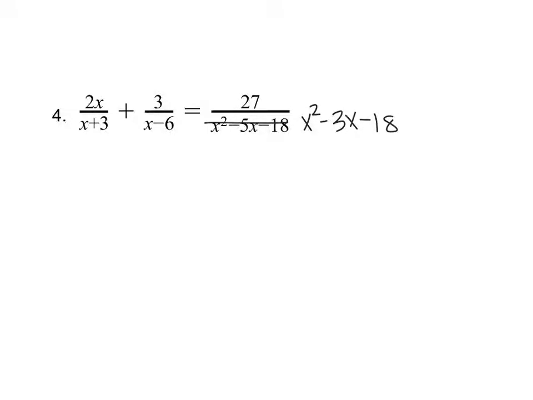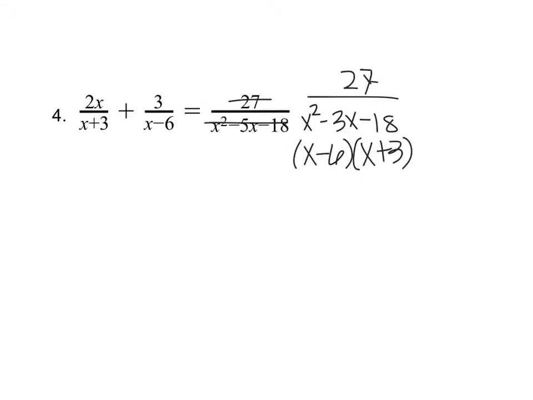So before we identify our LCD, we want to factor our denominator. So we're looking for what multiplies to negative 18 but adds to negative 3, which is going to be negative 6 and positive 3. So factors is x minus 6, x plus 3.